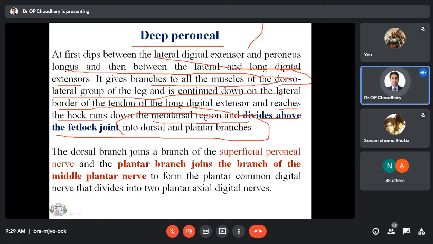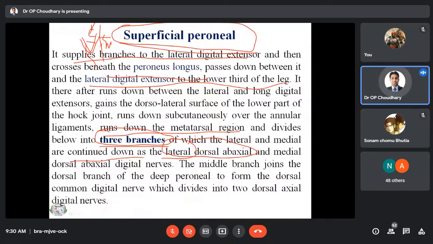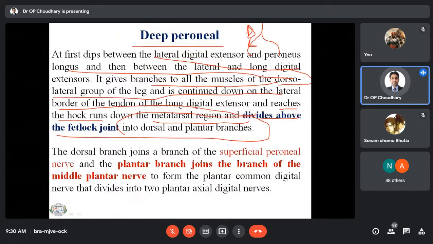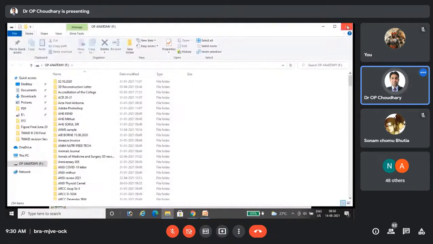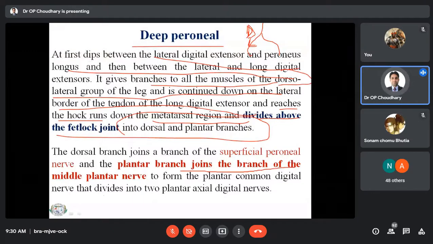I already told you that the dorsal branch will go and join the middle branch of the superficial peroneal nerve, and the plantar branch joins the branch of the plantar nerve to form a plantar common distal nerve.